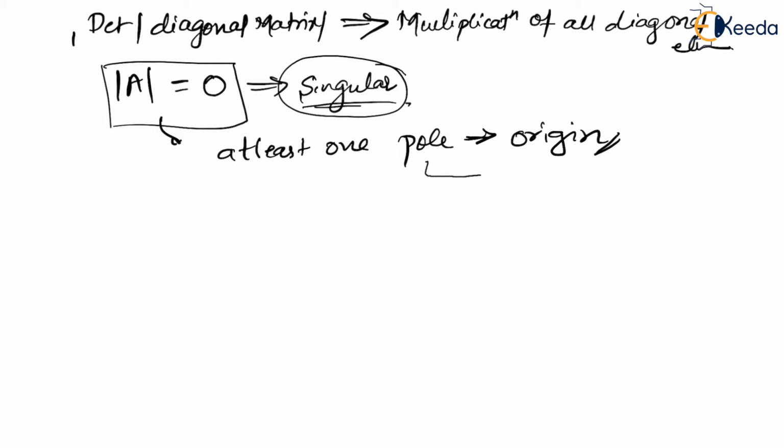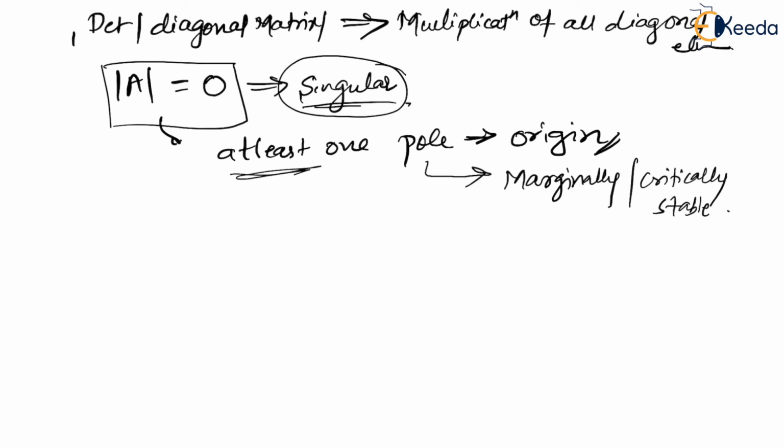The moment one pole is at the origin, we say that the system is marginally or critically stable, right? But I am saying at least one pole. It may happen that two poles are at the origin.